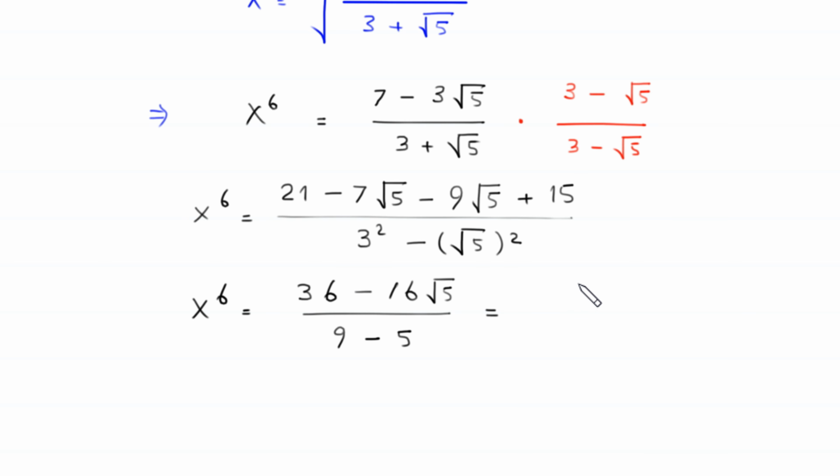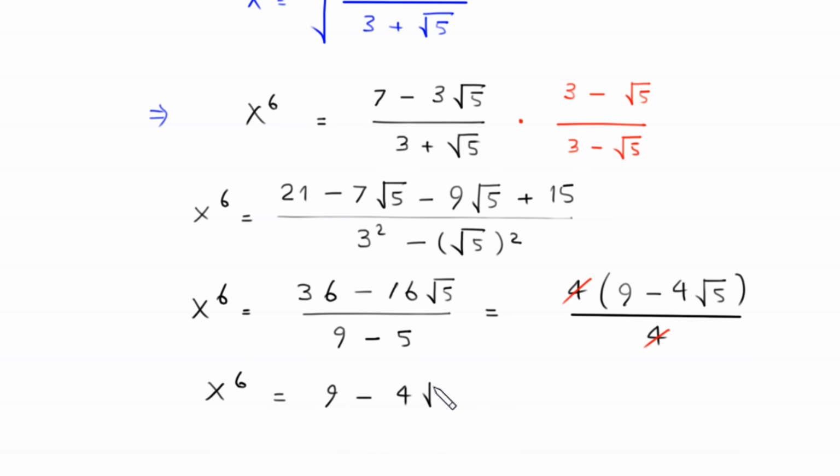From the numerator we can factor out 4: 4 times (9 minus 4 times root 5), divided by 9 minus 5, which is 4. The 4 cancels out, and we are left with x to the power 6 equal to 9 minus 4 times root 5, and this implies that x is equal to the 6th root of 9 minus 4 times root 5.